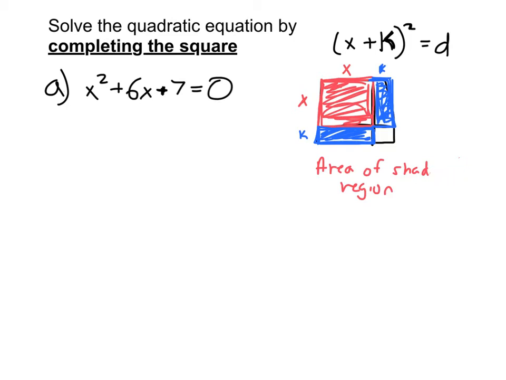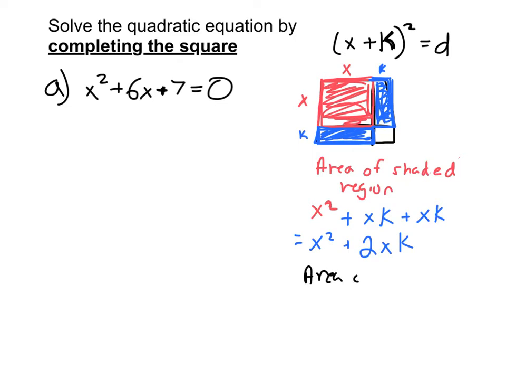The area of the shaded region would then be x squared, that's the area of the red region, plus x times k, that's the area of one of the blue regions, and then the other blue region, x times k. So in other words, it would be x squared plus 2xk.